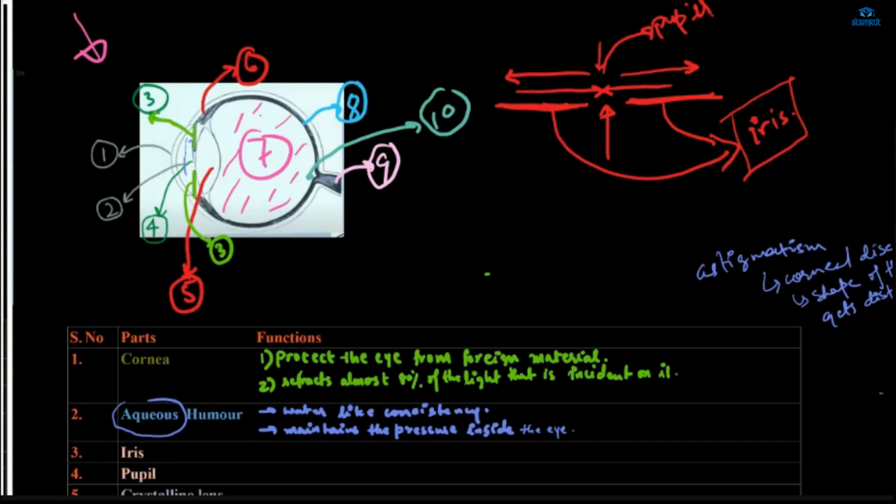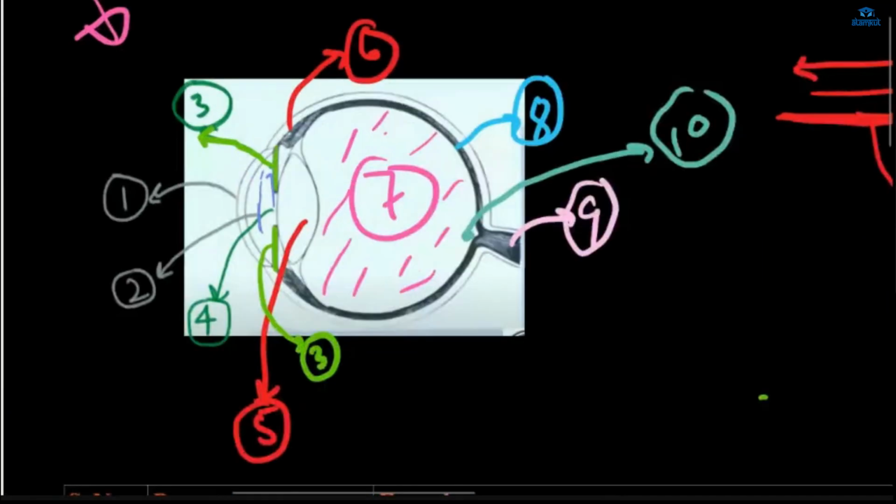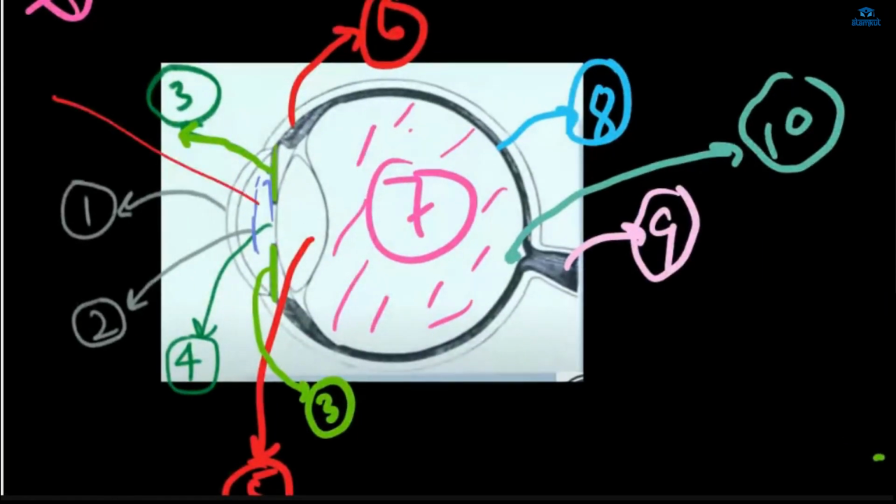They both decide simultaneously. If more light comes, what will happen?